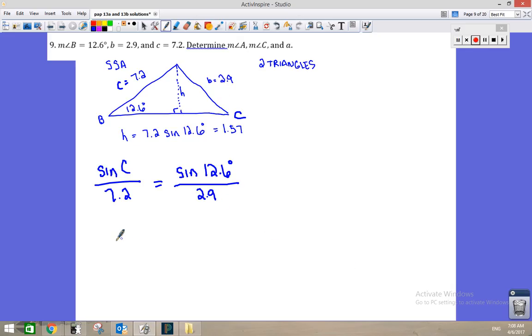Alright, so to find the measure of angle C, we'll take the inverse sine of 7.2 times the sine of 12.6 over this 2.9.